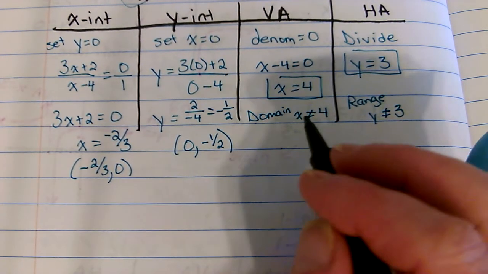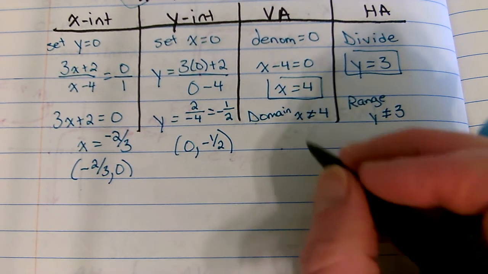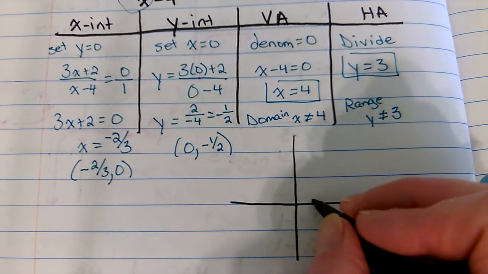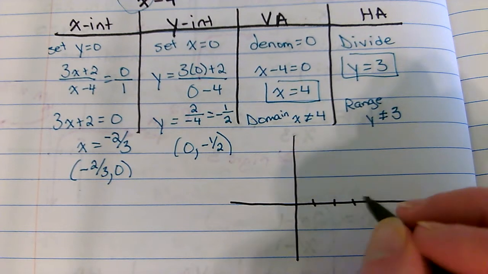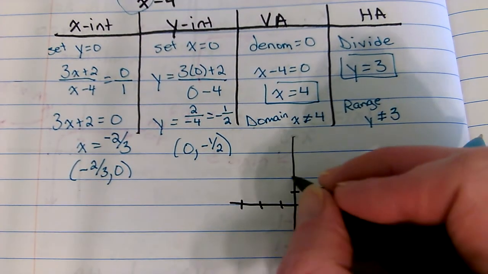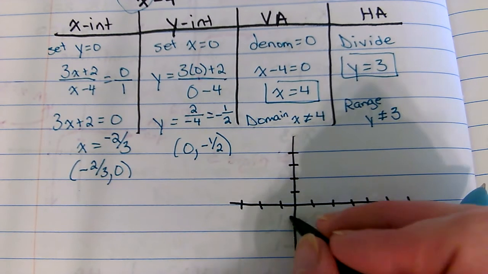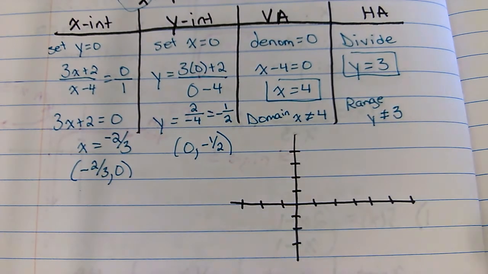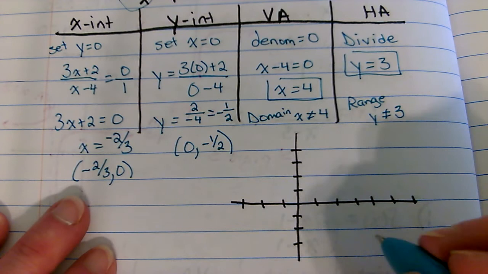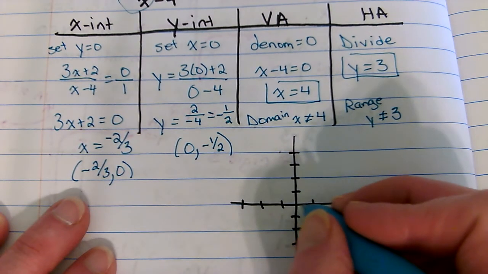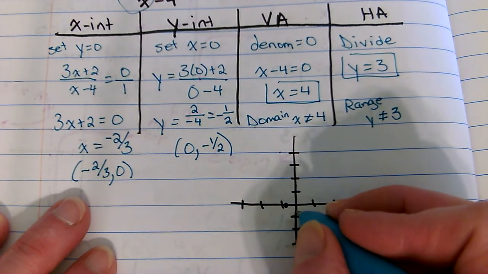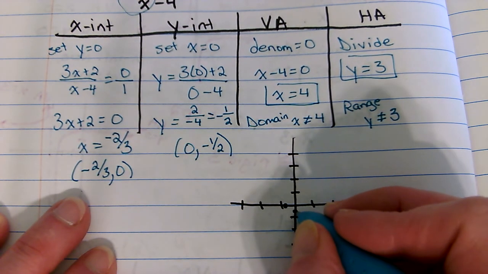Okay, so I've got to make sure I go all the way to 4 and 3. Okay. So my vertical asymptote, actually let's start with the x-intercept, is at negative 2/3. X at negative 2/3 is right about here. The y-intercept's at negative 1/2.